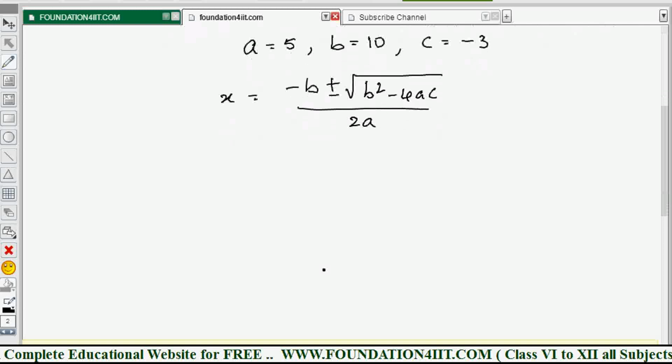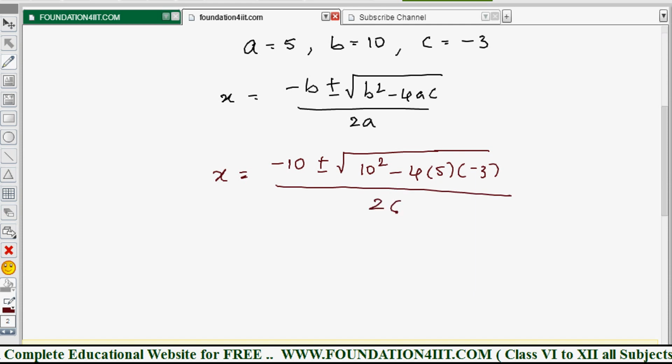Now let us substitute one by one. x is equal to minus b, where minus is already in the formula and the b value is 10, plus or minus under root b square, so 10 square minus 4ac, where a is 5 and c is minus 3, the square root is only for that, and divided by 2a, so 2 into 5.